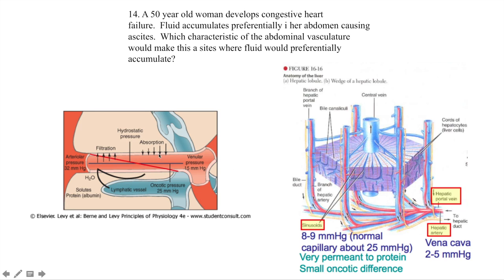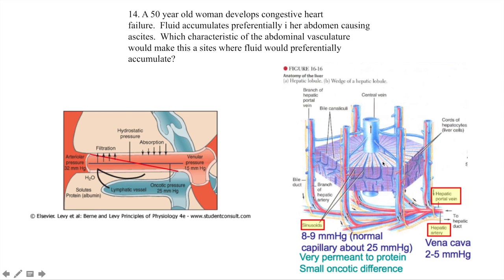And so you've got a very small oncotic gradient across this wall, a very small osmotic gradient, because these capillaries, particularly in the liver, tend to be very permeable to the proteins that would ordinarily be trapped inside this capillary, okay? So you have decreased reabsorption.